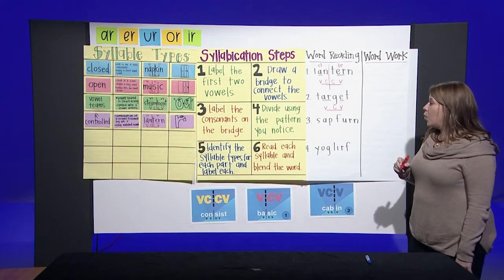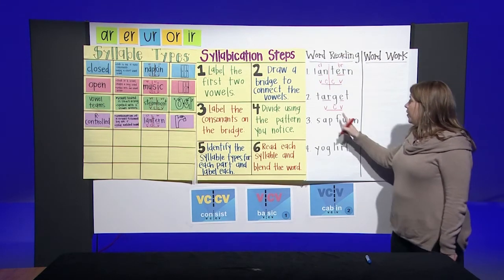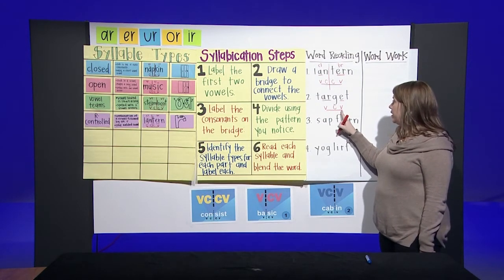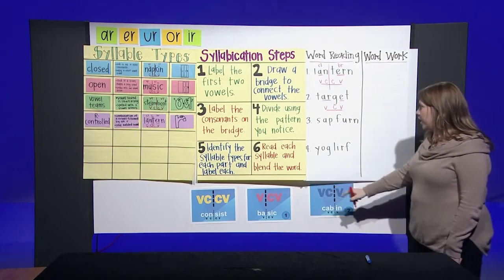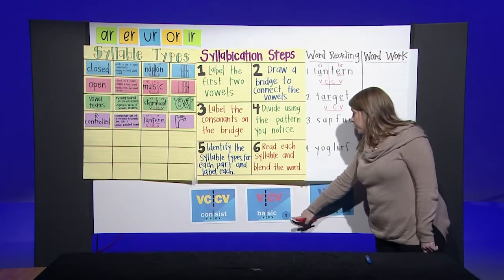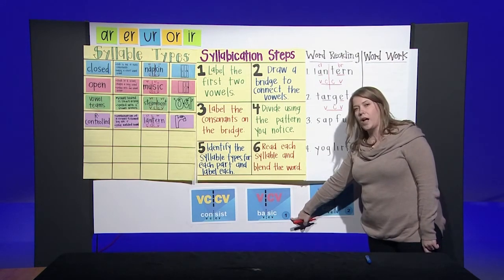What does step 4 ask you to do? That's right. We're going to divide using the pattern we notice. This is our pattern on our bridge, V, C, V. So if we look at our charts, that's right, we have 2 charts for V, C, V. This one has a 1 at the bottom.